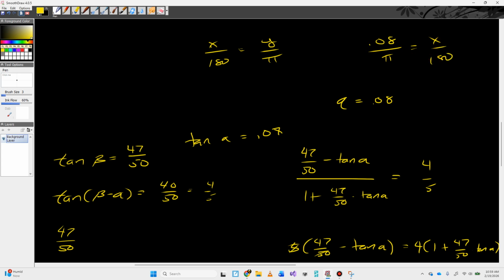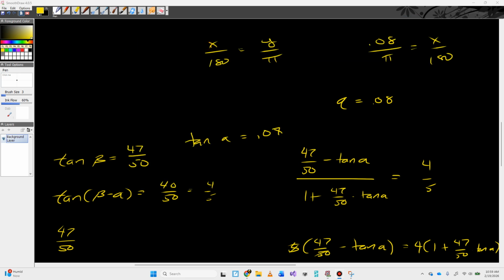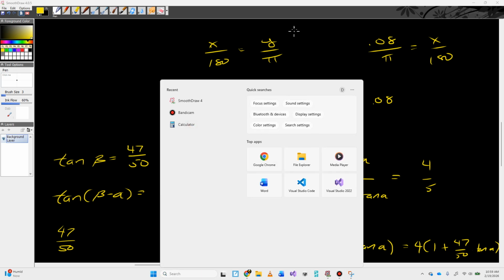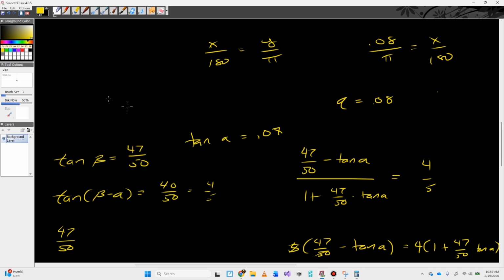So I need to multiply. My calculator is 180 times 0.08, and that's going to be divided by pi. And my answer is 4.6 degrees. So the answer is alpha is equal to 4.6 degrees.